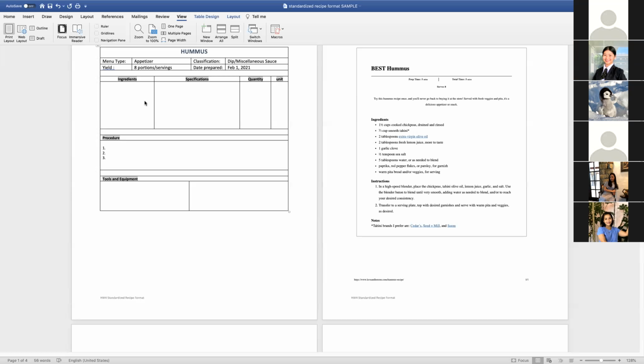So the reason for using the metric system is to always have the same weight. Going back to the definition of a standardized recipe, it has to be something that can be recreated all the time. If you're using weight as a form of measurement, then it's accurate, right? Timbang, weight. Diba?